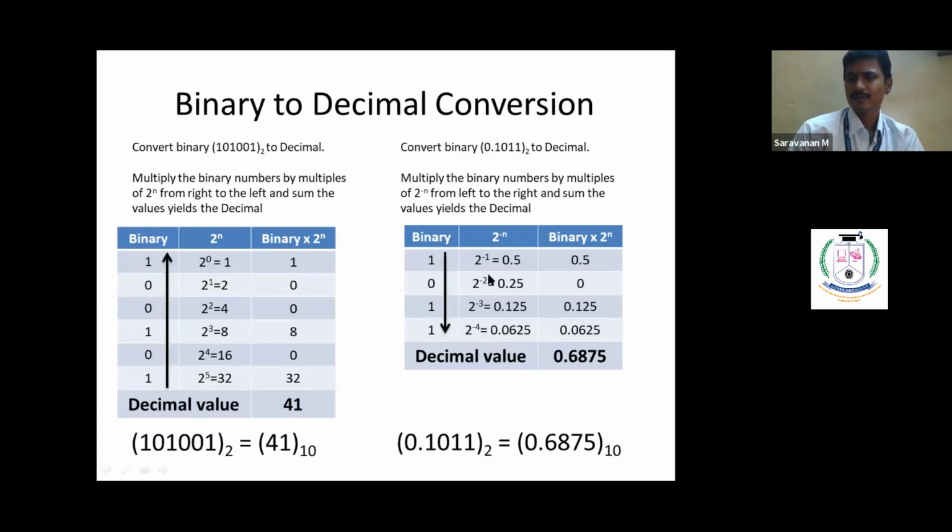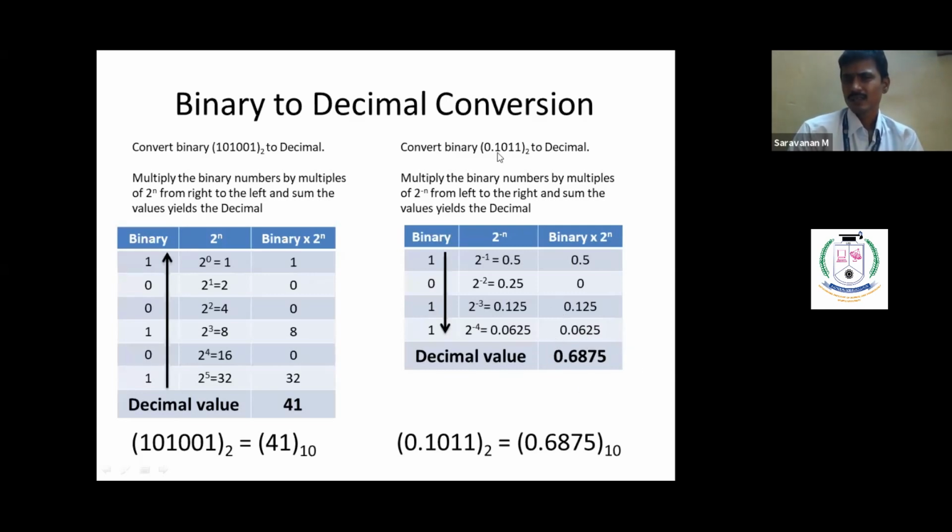Now this will be represented in the form of 2 power minus 1 is 1 by 2. 2 power minus 2 is 1 by 4, this is 1 by 8, and this is 1 by 16. So use your calculator, we get the corresponding decimal values. Now multiply by the corresponding binary digit, put it over here, just sum it up, and we'll get the corresponding decimal number.